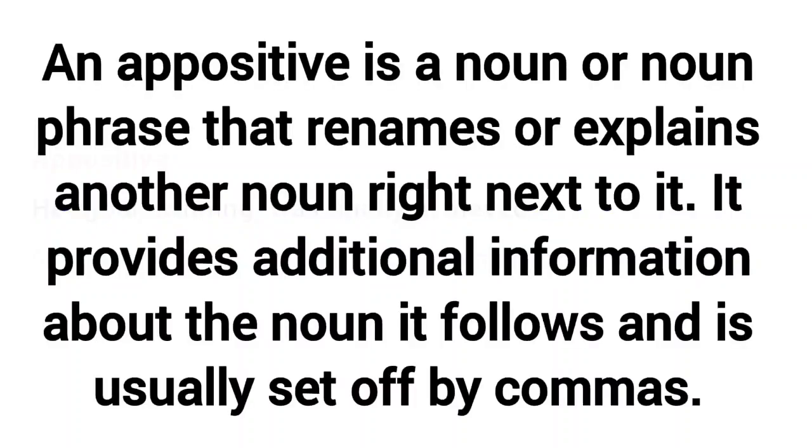An appositive is a noun or noun phrase that renames or explains another noun right next to it. It provides additional information about the noun it follows, and it is usually set off by commas.